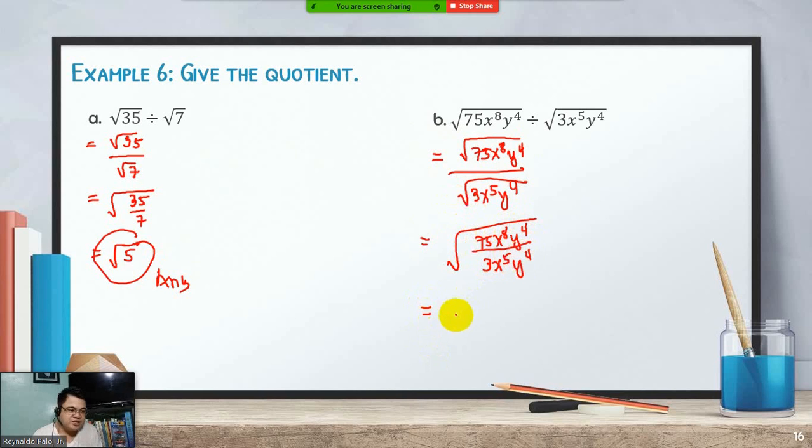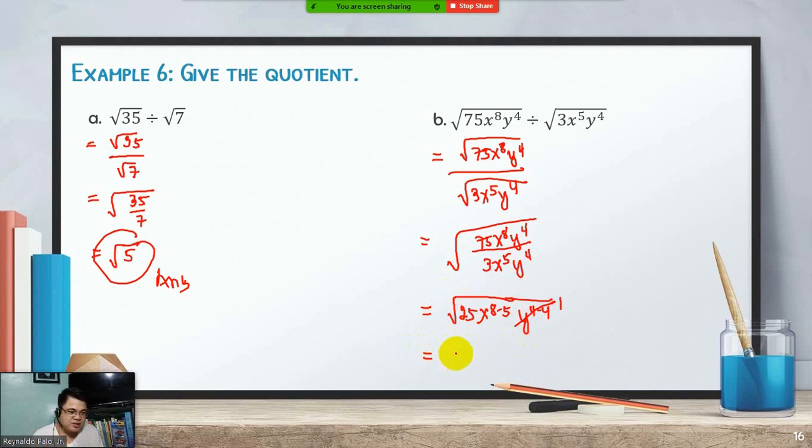Then, simplify, applying the division law of exponents. 75 divided by 3 is 25. Then, division law of exponents, just keep the base and subtract the exponents. Unlike multiplication law, where you need to add, this time, you need to subtract. It is x raised to the power of 8 minus 5. Then, y raised to the power of 4 minus 4. So, this will become y raised to the 0 power, or simply 1. Zero law of exponents, whatever number except 0 when you raise to 0, the answer is always 1.